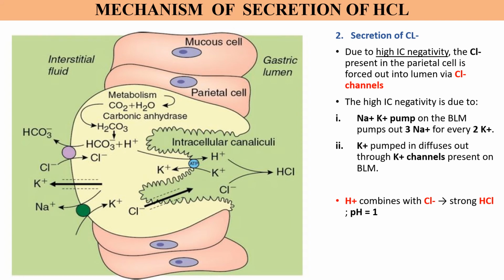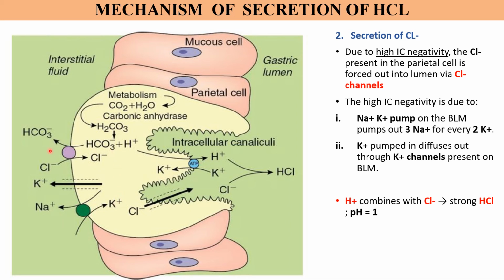Now let us see how the secretion of chloride ion takes place into the intracellular canaliculi from the parietal cells. Inside the parietal cell, there is high negativity compared to outside. This is due to the normal activity of the sodium potassium pump, pumping 3 sodium outside and taking only 2 potassium ions inside.